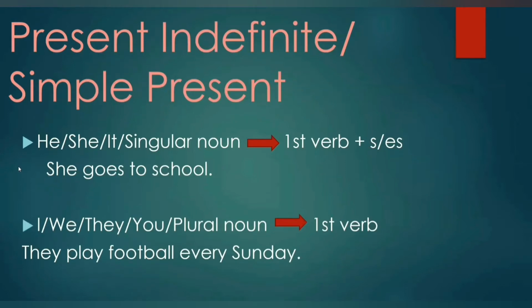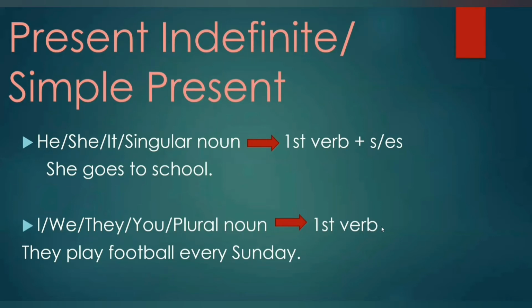Rule. For he, she, it, singular noun, we use first verb plus s or es. For example, she goes to school, he goes to school, John goes to school. For I, we, they, you, and plural noun, we use first verb only.